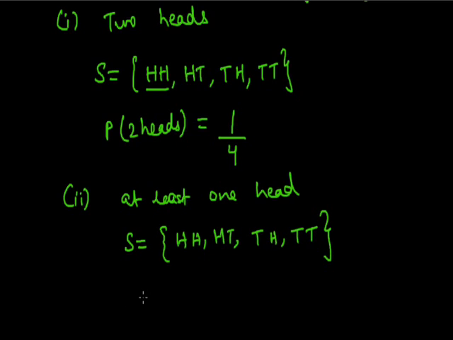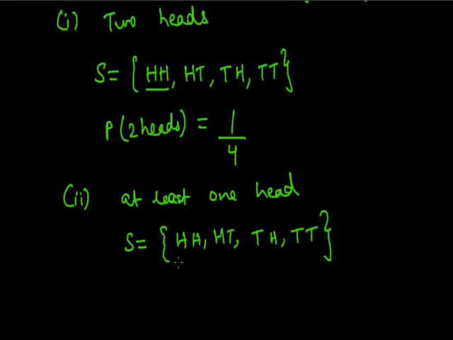These are the four elements of the sample space, and we have to find the probability of getting at least one head. At least one head means we have to find in which cases we get either one or more than one head.